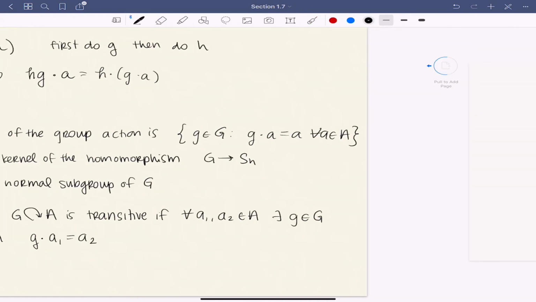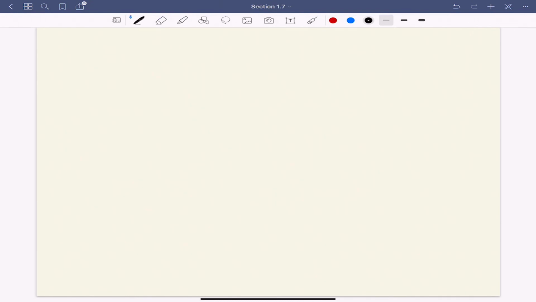I will now do an example of a group action that is familiar, hopefully. D_n acts on the set 1 through n if we label the vertices of the n-gon.